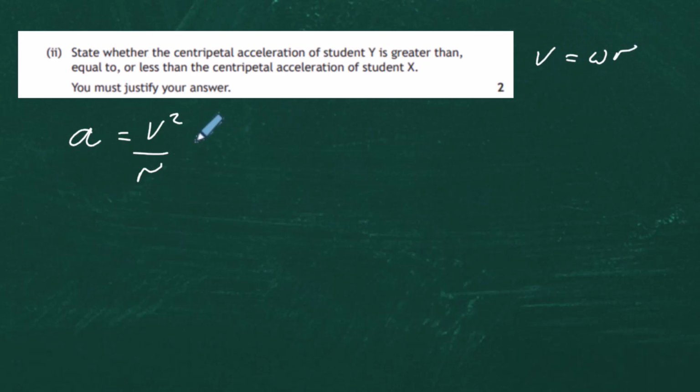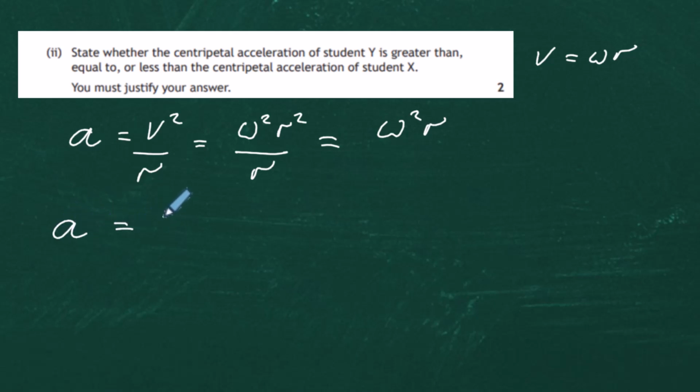So we can swap v squared for omega squared r squared divided by r, and one of the r's cancels out, leaving the centripetal acceleration a equal to omega squared times r.